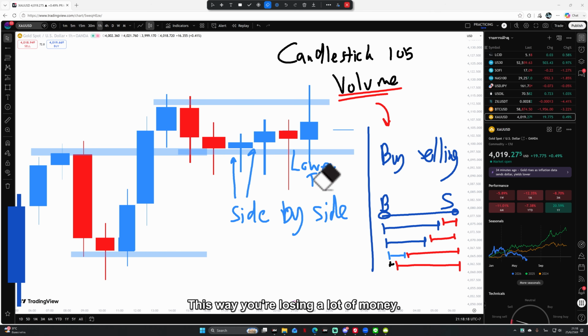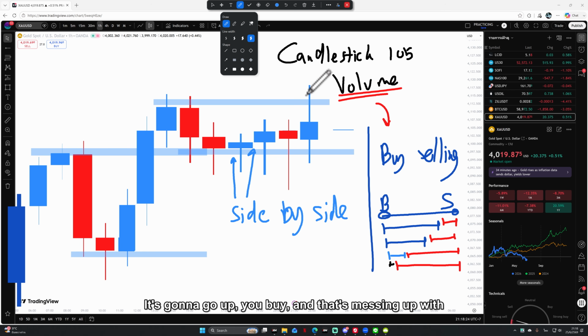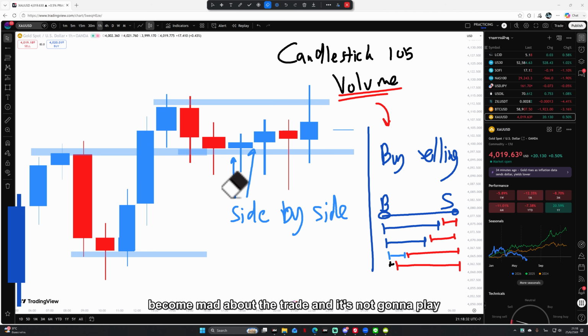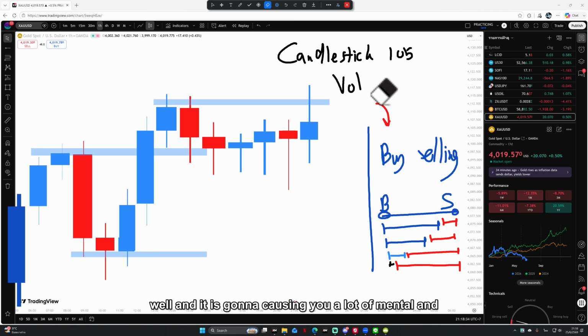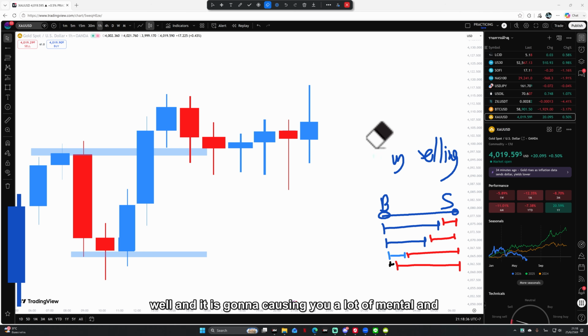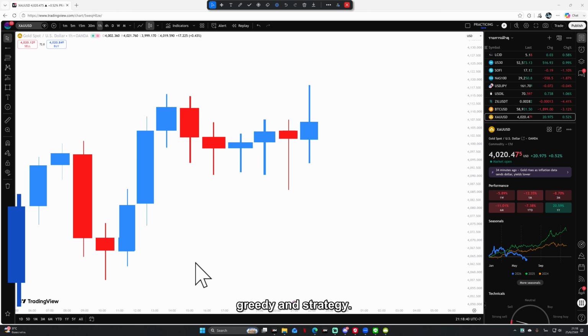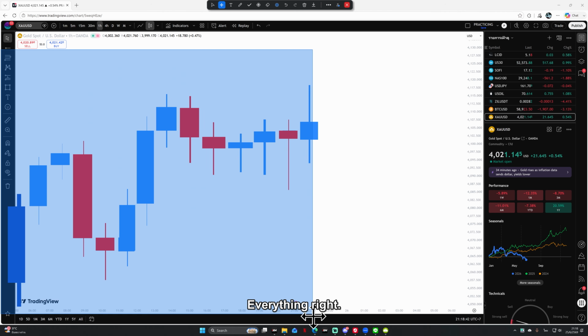Now this is where you lose a lot of money, because you think it's going to go down, you sell, it goes up, you buy, and that messes up your attitude of trading at the moment. So you become greedy, you become mad about the trade, and it's not going to play well. It's going to cause you a lot of mental stress and greed, and affect your strategy, everything, right?